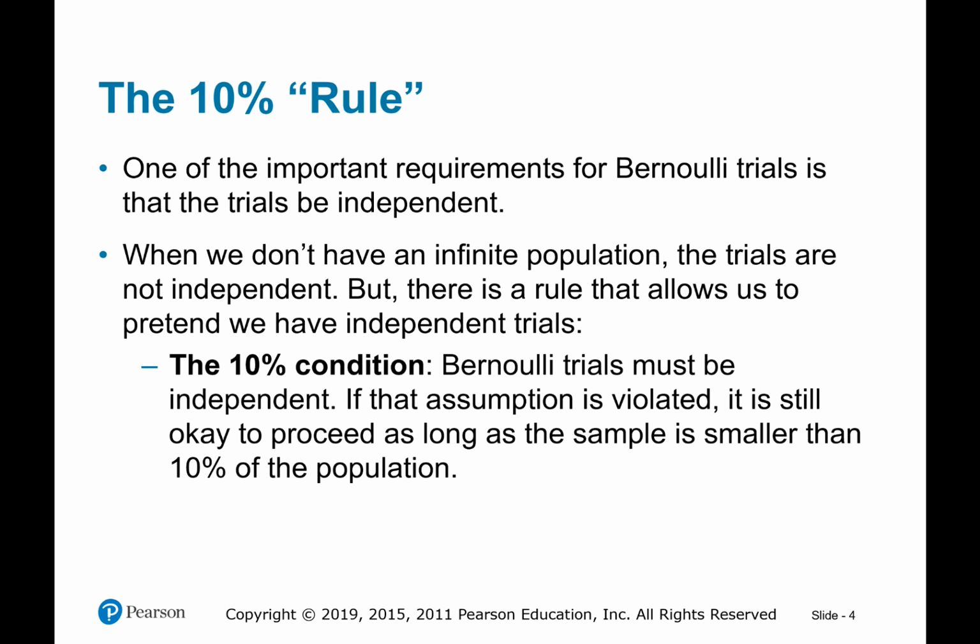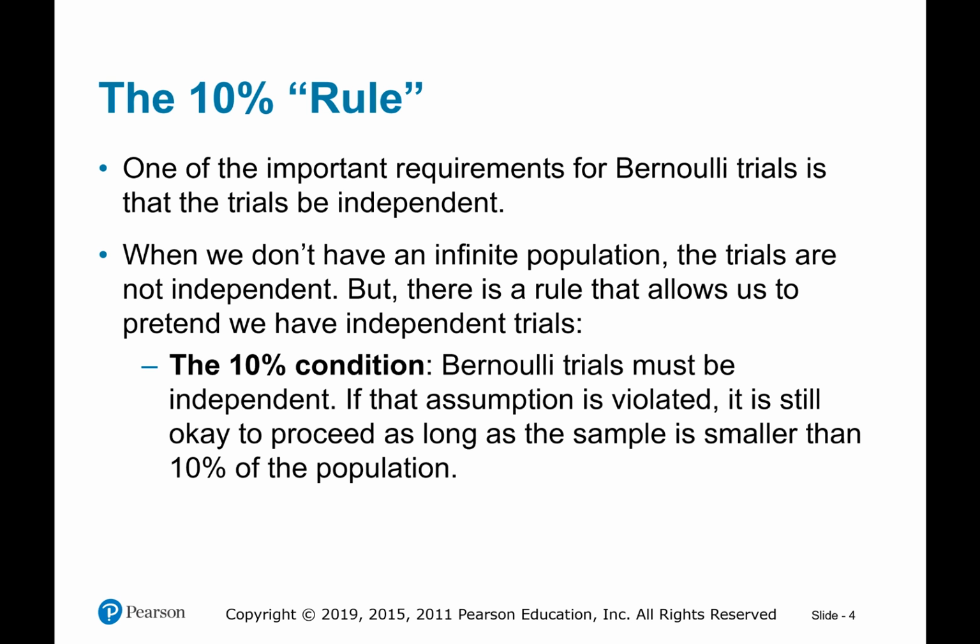There are not an infinite number of American voters. So when you sample, when you talk to one particular voter, you don't put that person back into the population and have the possibility, albeit remote, that you contact that same person again.